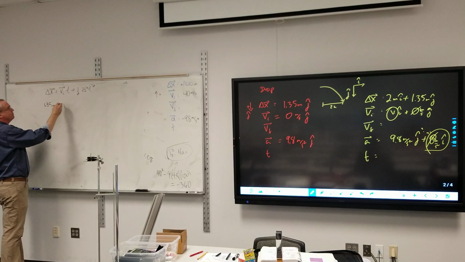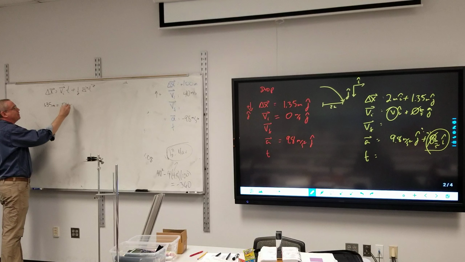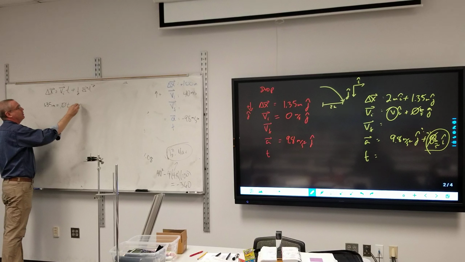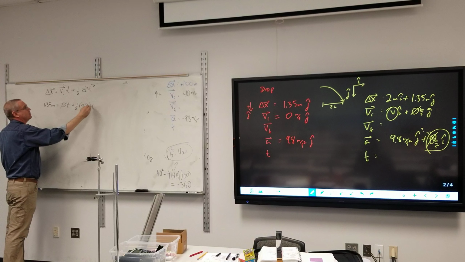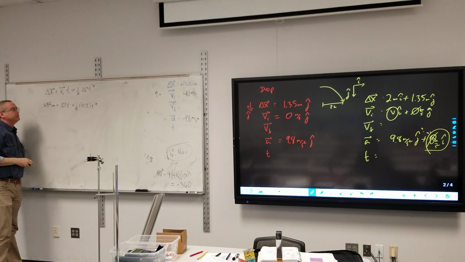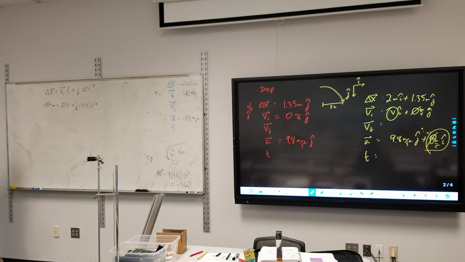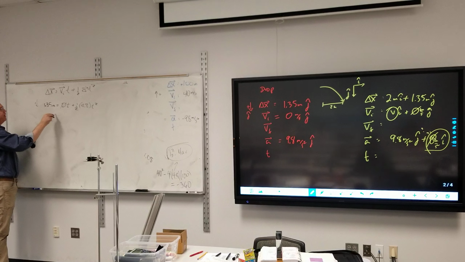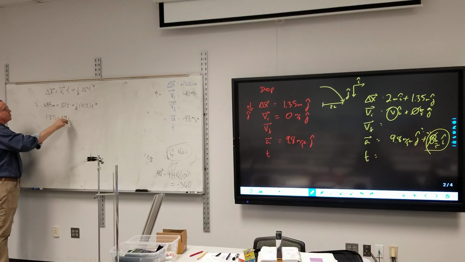Initial velocity 0 times time, plus 1/2 times 9.8 t squared, because we're making down positive. So I got 1.35 is equal to 4.9 t squared.